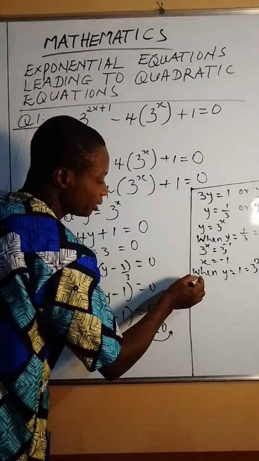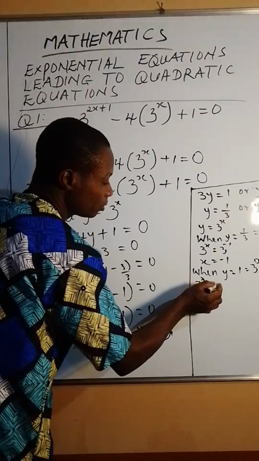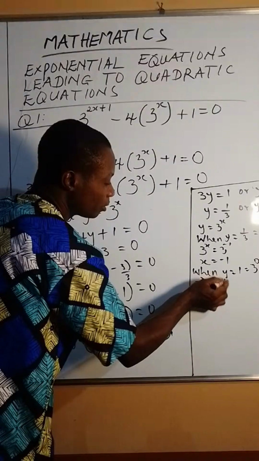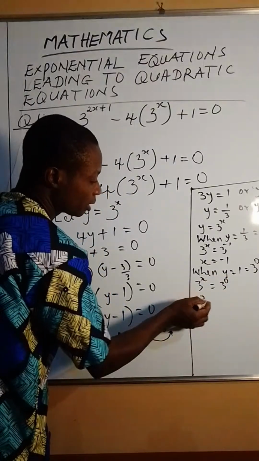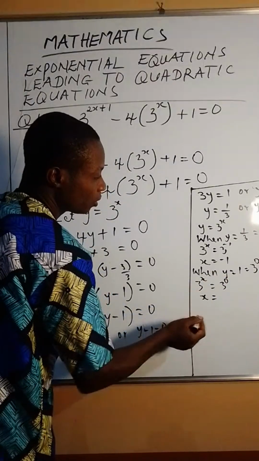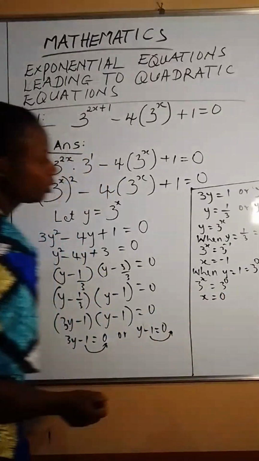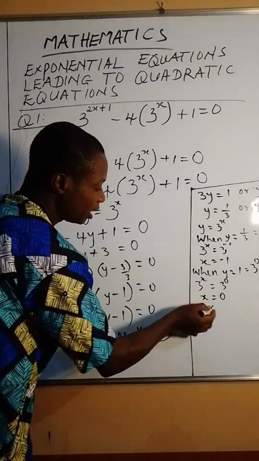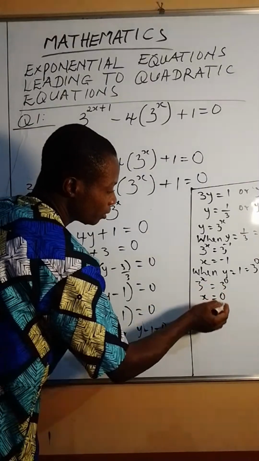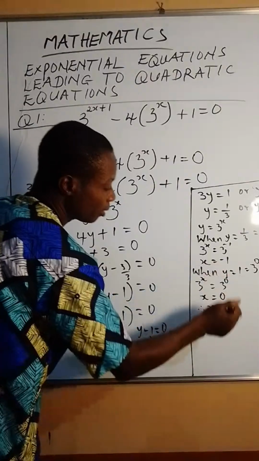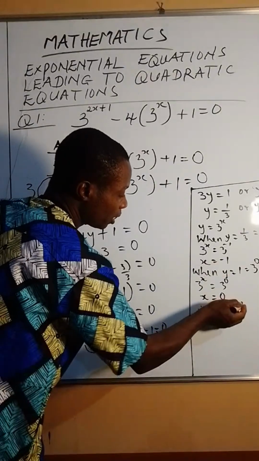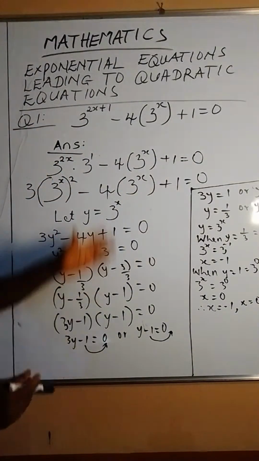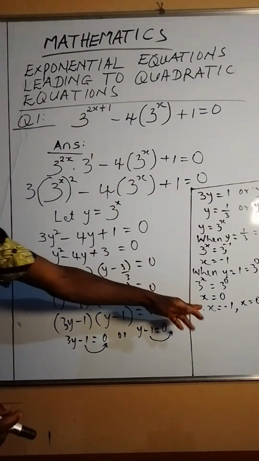So it means that 3 raised to x is equal to 3 raised to 0, which makes x equal to 0. So the implication here is that x is equal to minus 1 or x is equal to 0. So these are the solutions.